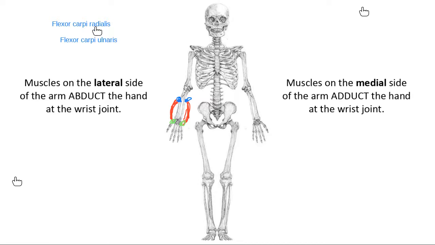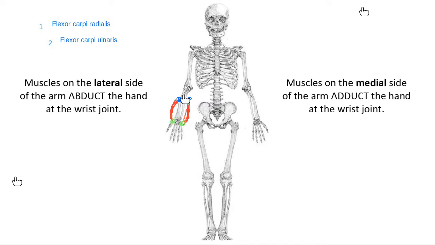When we think about radialis versus ulnaris, which of these two muscles would be found on the lateral side? Flexor carpi radialis or flexor carpi ulnaris? Who's on the lateral side? It comes down to which bone is on the lateral side, right?